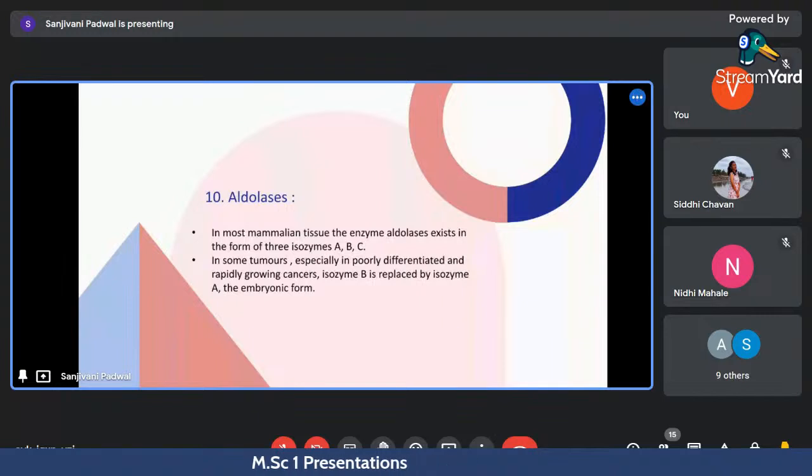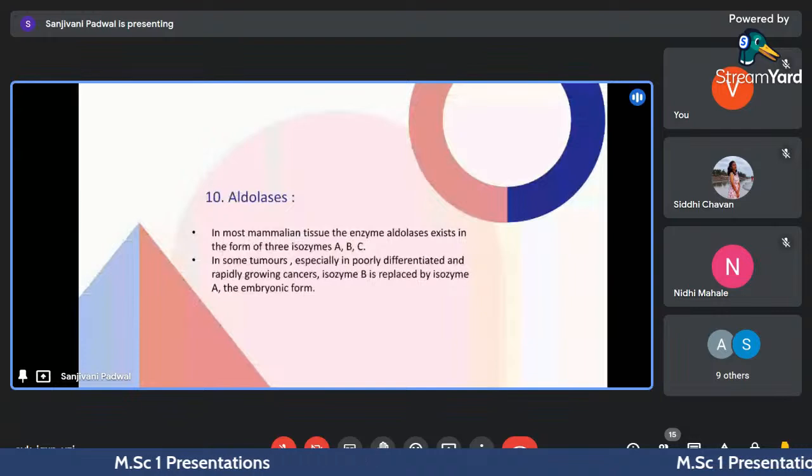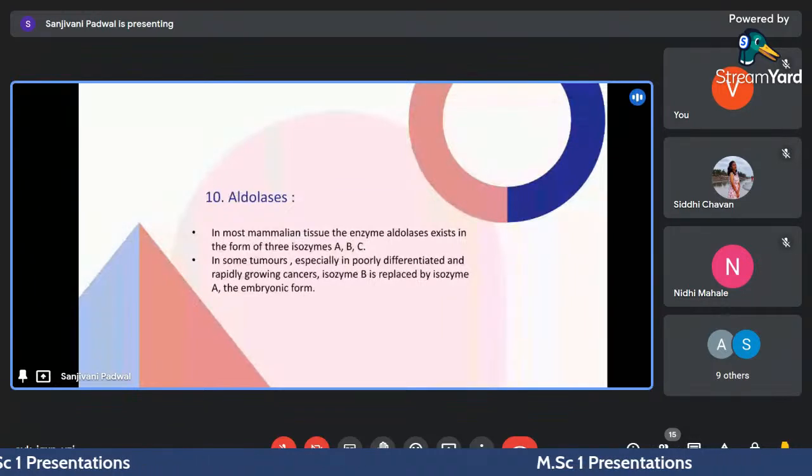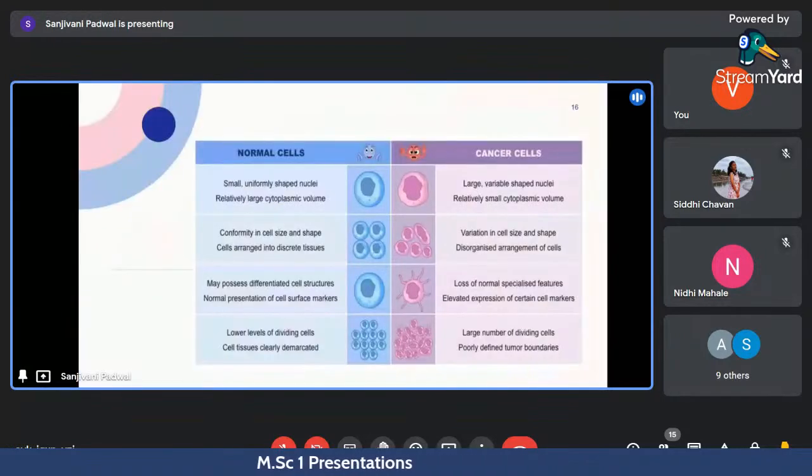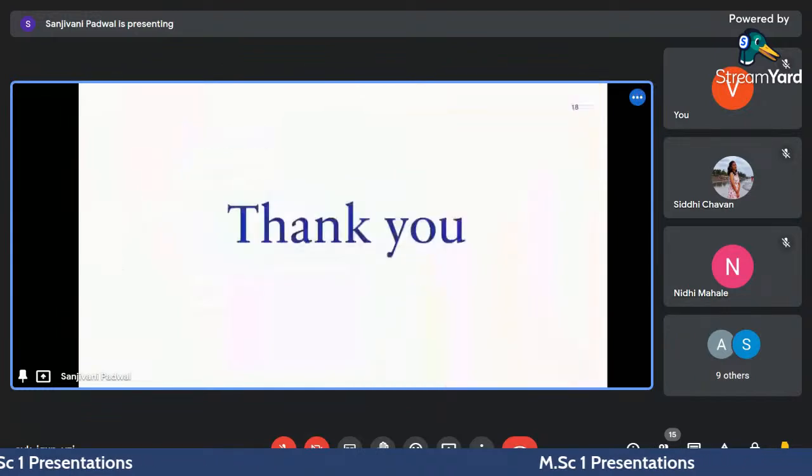In some tumors, especially poorly differentiated and rapidly growing cancers like certain hepatomas, isozyme B is replaced by isozyme A, the embryonic form. There is a small difference between normal cells and cancerous cells. These are the references. Thank you.